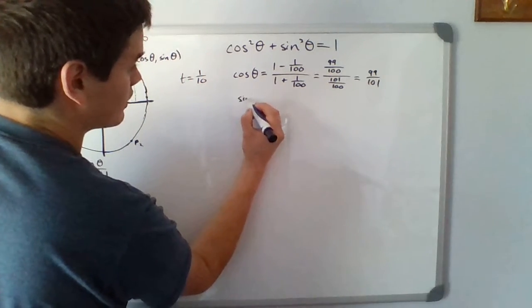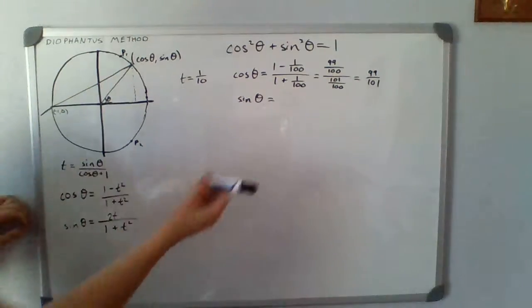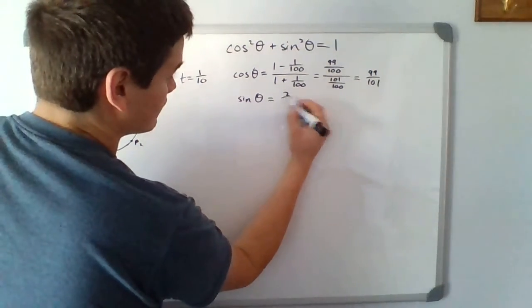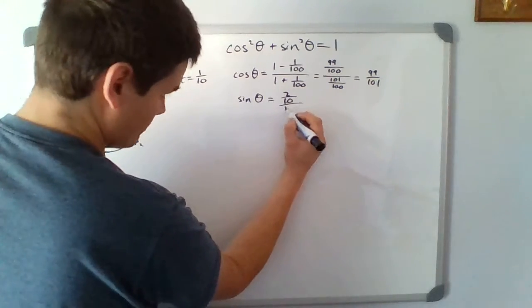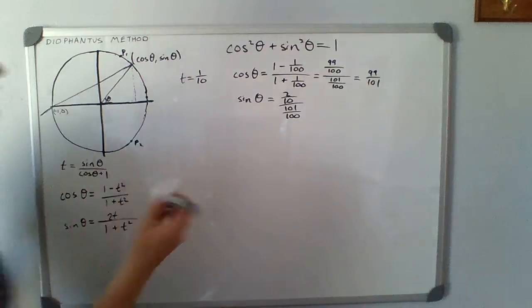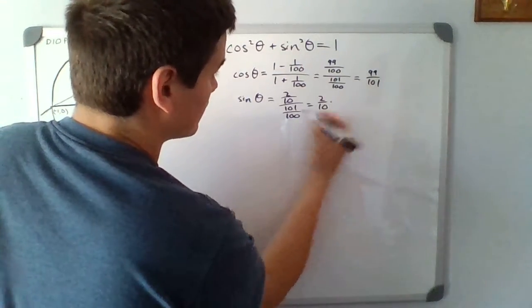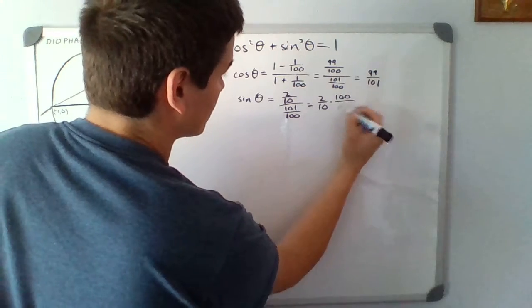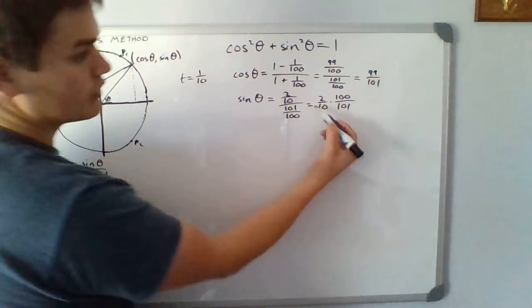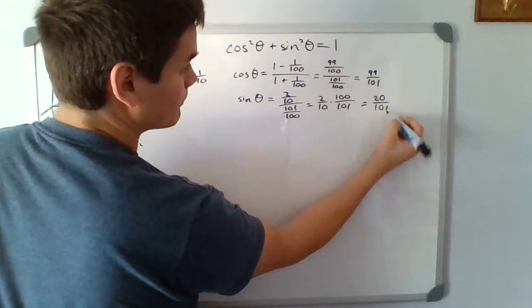Okay, and sine theta. Well, sine theta is going to be 2 times t, so 2/10 divided by 1 plus t squared, which is 101 over 100. And that's going to be 2/10 times 100 divided by 101. And so this is going to end up being 20 over 101.